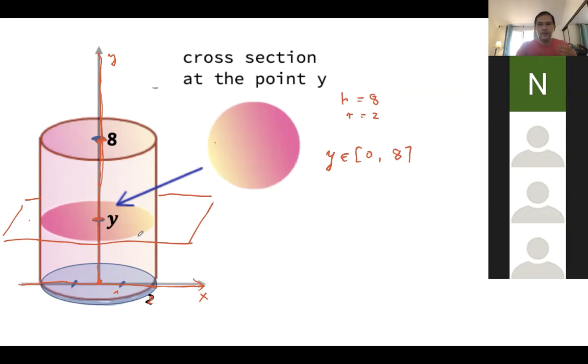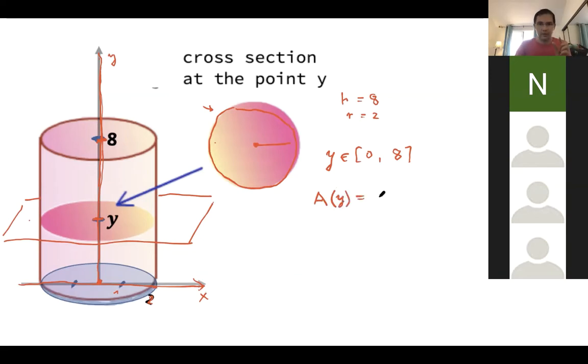Okay, what is the shape of the cross-section? Very simple, a circle. This is exactly the cross section that corresponds to this point y, a circle. Okay, so I want to now compute the area A of the cross section that corresponds to this given point y.